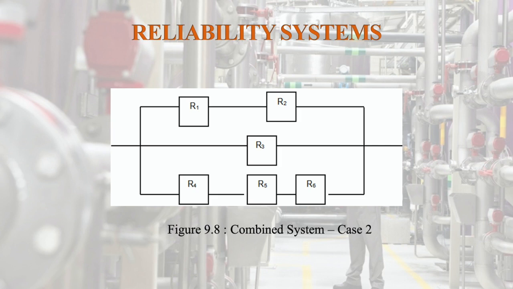So this is the combined system. The top two are in series and the bottom three are also in series. Then we have to find out the two series systems, and later the three will be converted to a parallel system. Like that, one has to convert into one system, either parallel or series. Then we can find out the overall reliability.